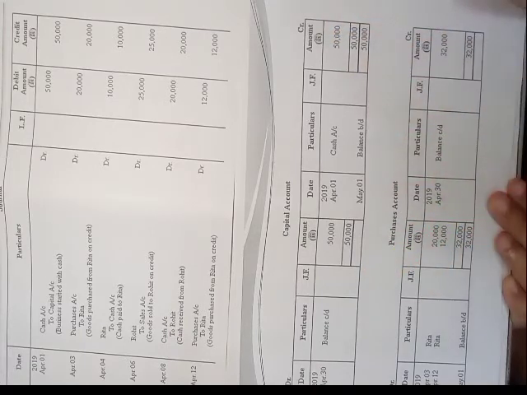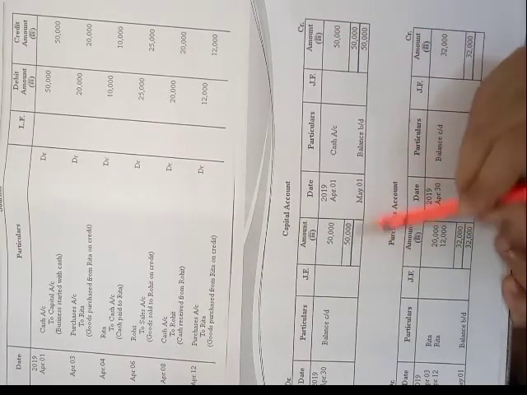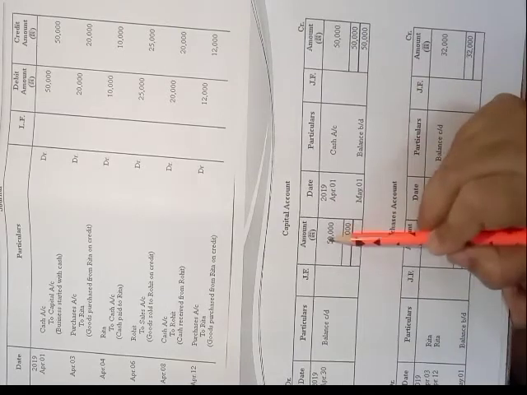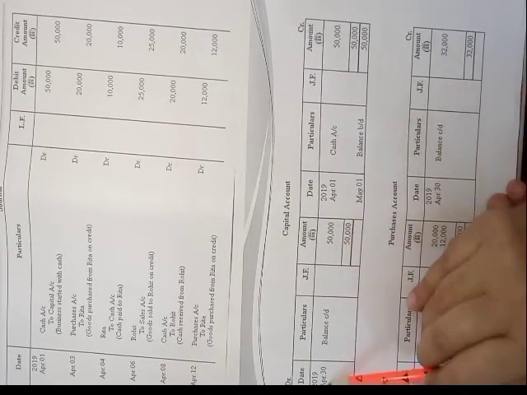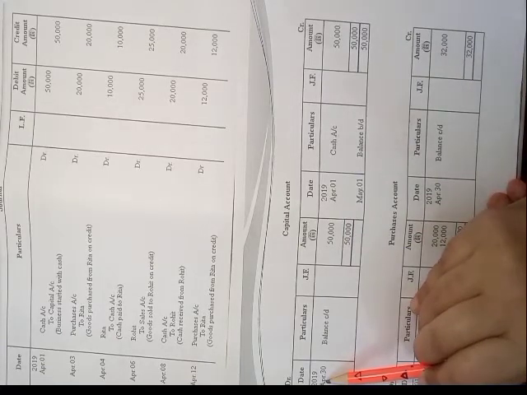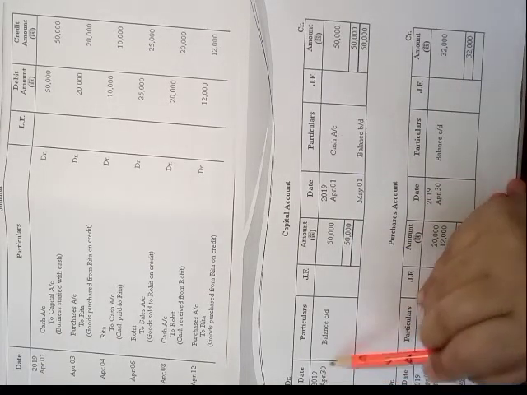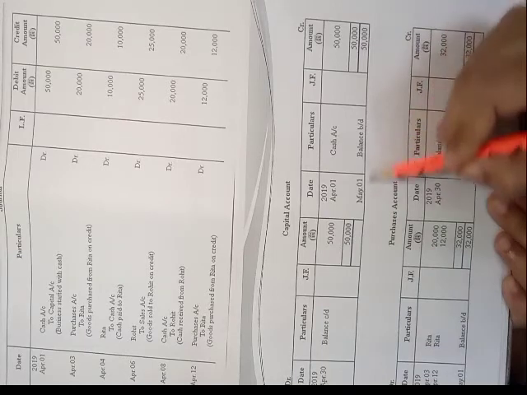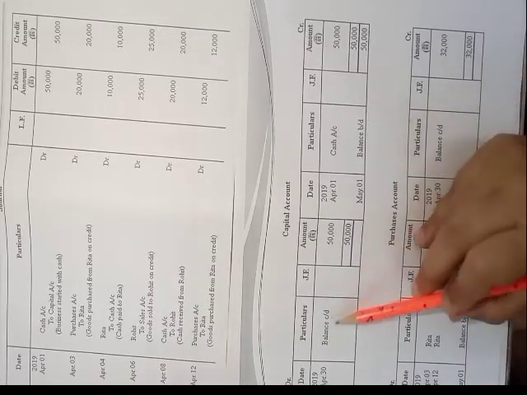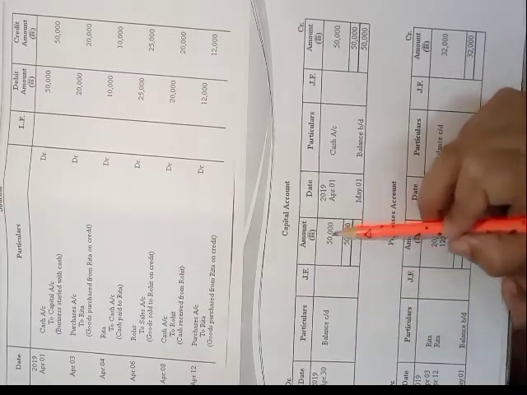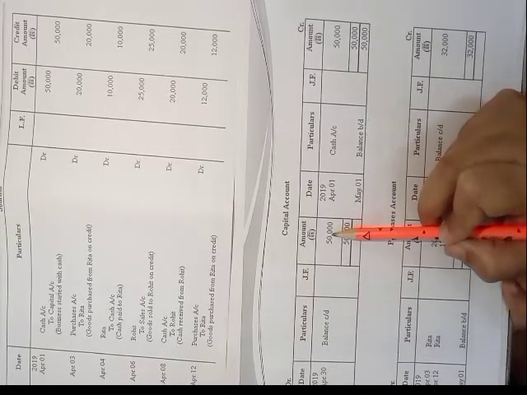On the debit side nothing was there, so the total is 50,000, and the balance has come here after subtracting 50,000, that is on April 30. On May 1st again this balance will be brought down below the total. Brought down is always written below the total, and balance c/d is always written on the debit side of the total.